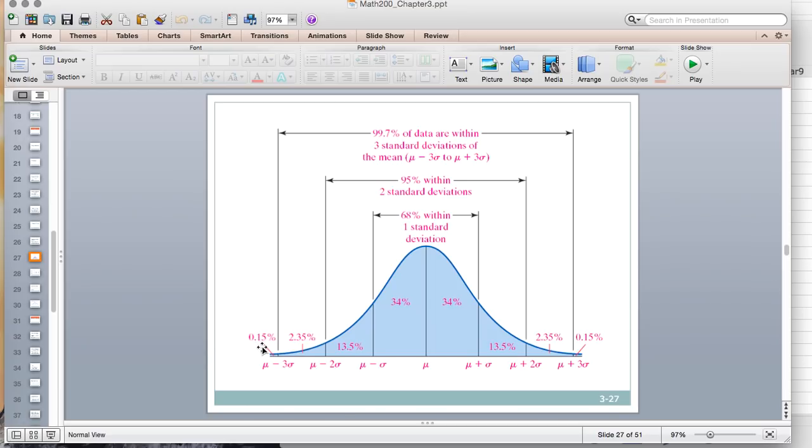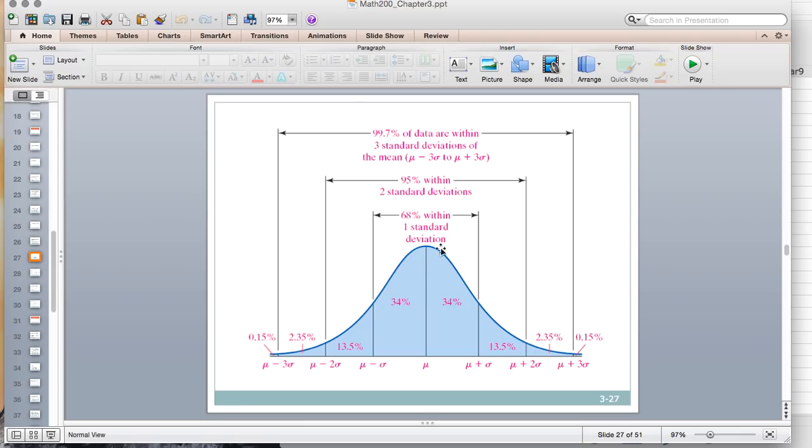Now, 0.3% are left because if we take the entire bell curve, we have 100%, okay? We know that 99.7% are within 3 standard deviations, so we only have 0.3% left over. If you take that 0.3% and divide it by 2 to split it between the left and the right-hand sides, we end up with 0.15% on the left and 0.15% on the right.